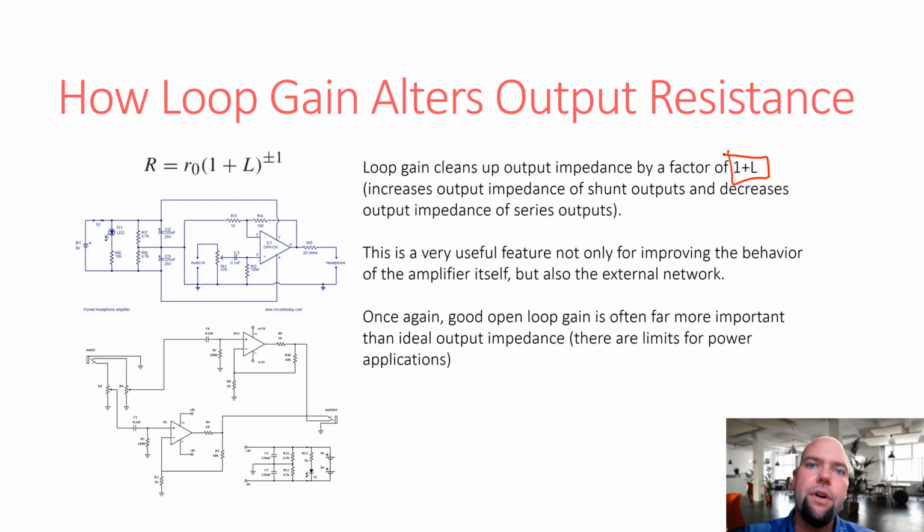If you're producing an output current, you'd expect a high output resistance. In that case, loop gain actually increases it by a factor of 1 plus L. For things where you'd expect a low output resistance, things like voltage output, loop gain decreases it by a factor of 1 plus L.